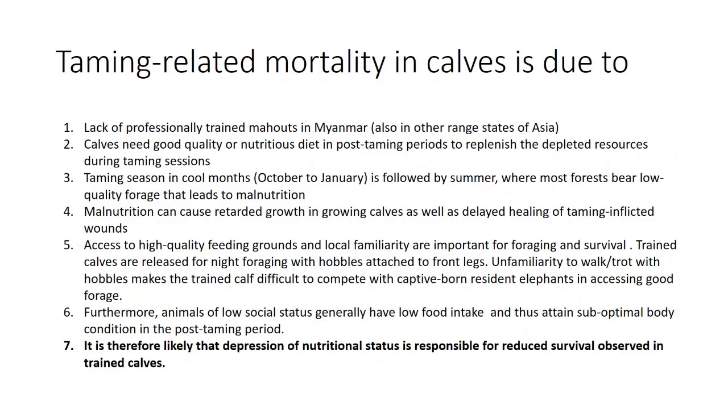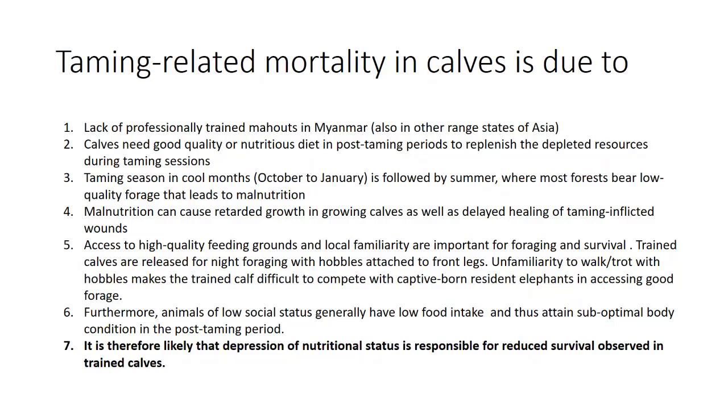So what causes elephant mortality, what causes death in the post-taming period? To me, from my experience working with elephants, it is not very often related to the taming procedure or taming sessions. Much more responsible is the treatment of the elephant during the post-taming period. So they need professionally trained mahouts in Myanmar, and in other range states of Asia, to know how to train elephants professionally.